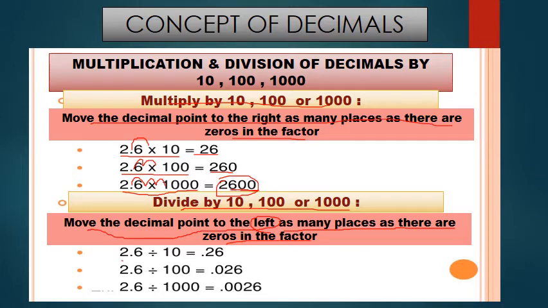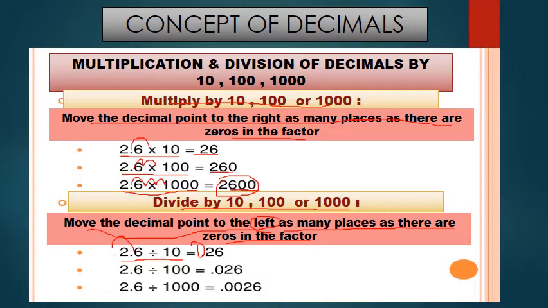Now divide 2.6 by 10. When we divide 2.6 by 10, we move the decimal point to the left by one place. So the answer we will get is 0.26.